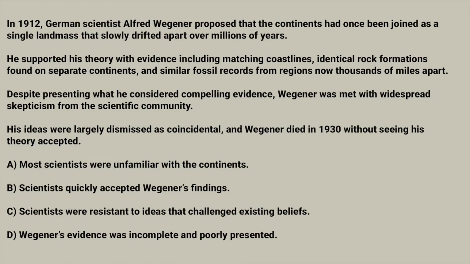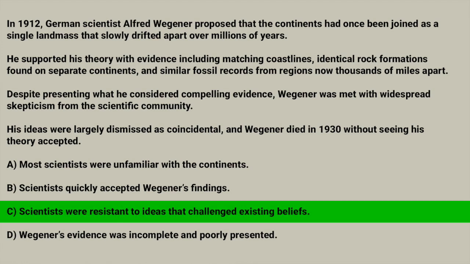The question is, what can be inferred about the scientific community at the time Wegener proposed his theory? The answer choices are A. Most scientists were unfamiliar with the continents. B. Scientists quickly accepted Wegener's findings. C. Scientists were resistant to ideas that challenged existing beliefs. Or D. Wegener's evidence was incomplete and poorly presented. The correct answer is C.